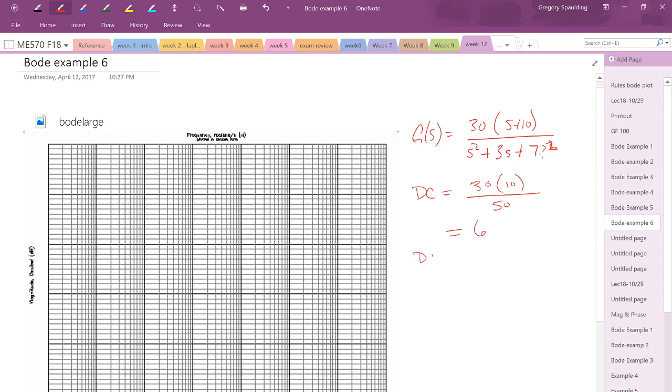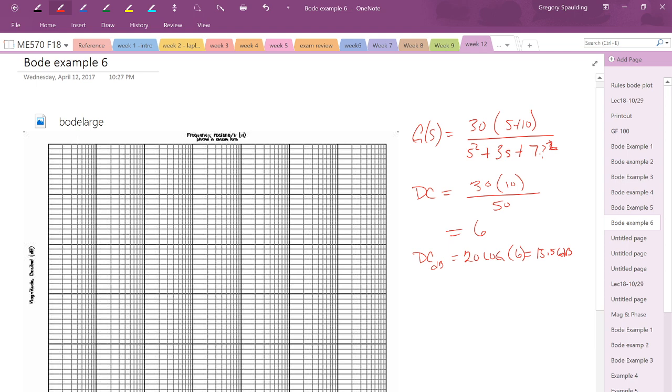So the DC gain in dB is 20 times the log of 6, which ends up being 15.56 dB. Okay, so 10 to the 0, 10 to the 1, 10 to the 2, 10 to the 3, 10 to the 4.